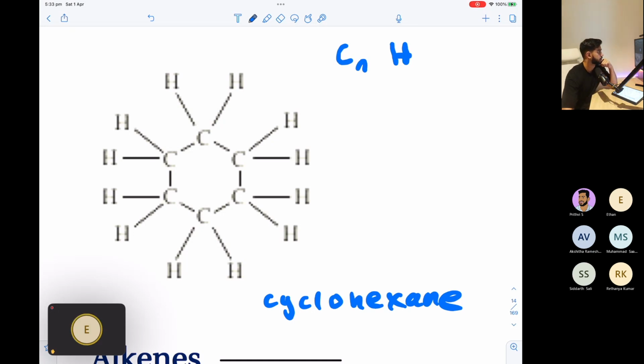Very good. Very quick. Let's go to Akshita. When C equals n, H is equal to 2n. Good.